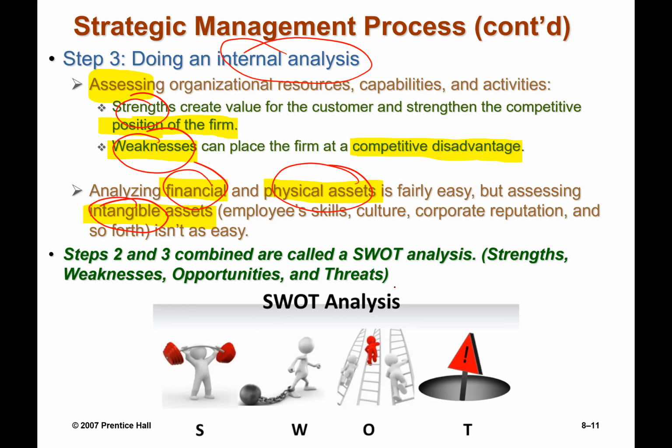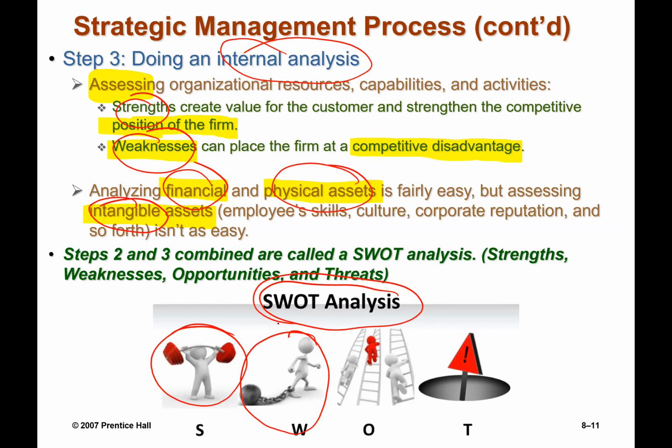So again, SWOT analysis. What is the SWOT analysis? S stands for strength, and W stands for weaknesses. And out of this strength, normally we create opportunity. And out of these weaknesses, normally there are a lot of threats that we need to get rid of.